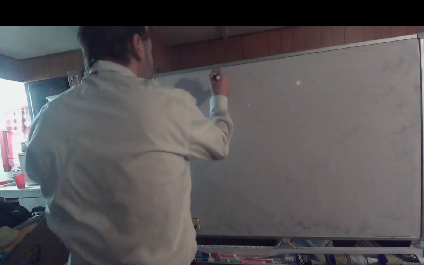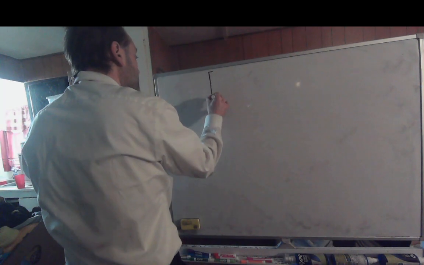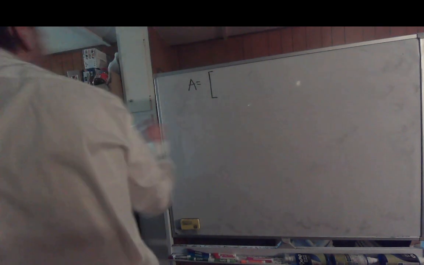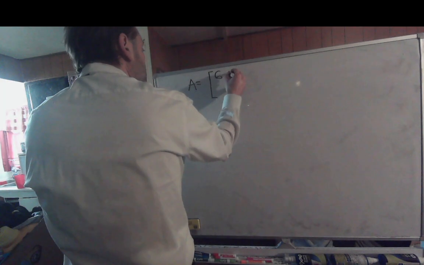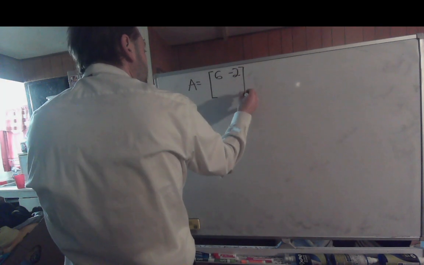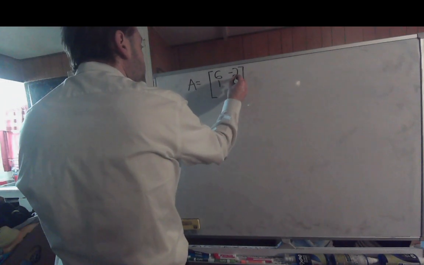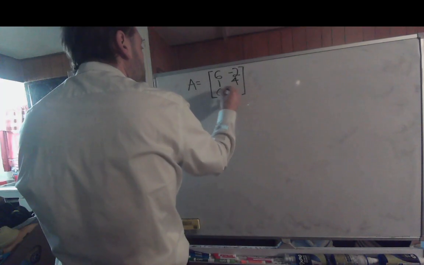All right, let's do one more of this. Let's see. I have matrix A here, which is going to be equal to 6, negative 2, 1, 4, 0, 5.